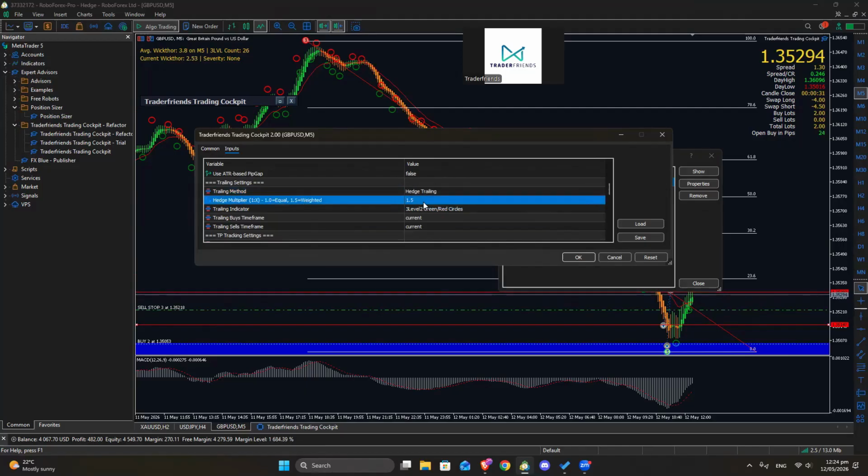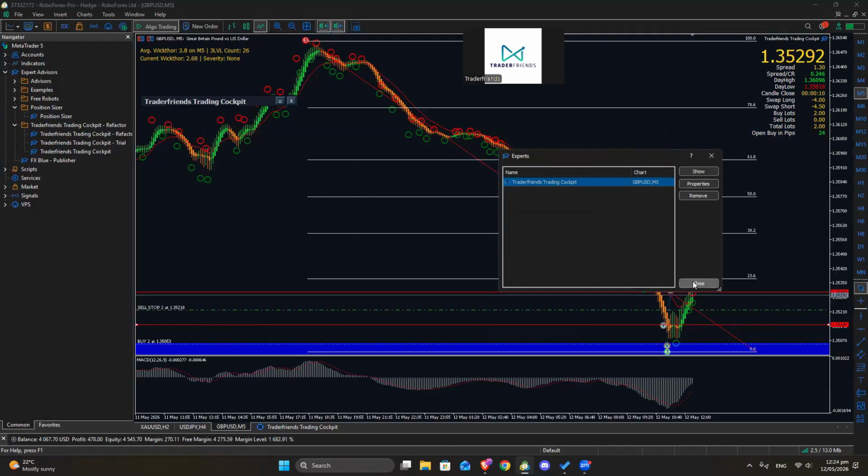Or you keep hedge trailing and put the multiplier to 1.0 and then it is equal. It will adjust the sell stop from 3 to 2 so it's equal with the buy. So no matter which direction it goes, you will not lose or win money.